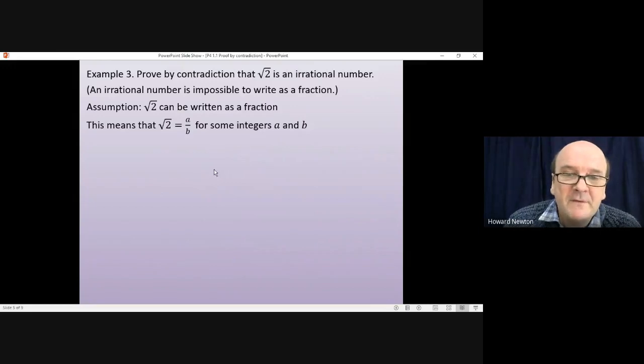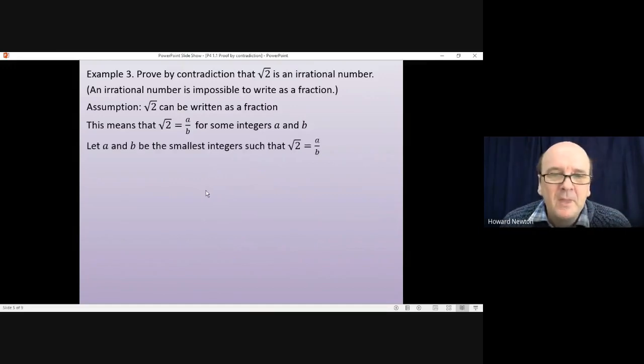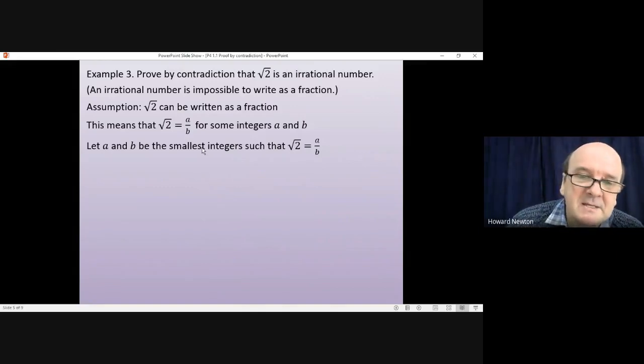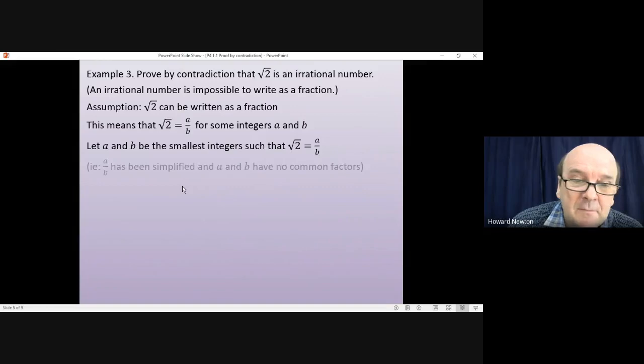Let's go one step further, and then I'll let you have a go at completing the proof. So if the square root of 2 is equal to a over b, it's helpful if we let a and b be the smallest integers, such that the square root of 2 is a over b. Now, all that's saying is, if you've got a fraction which equals the square root of 2, simplify that fraction so that you've got the smallest possible numbers for a and b.